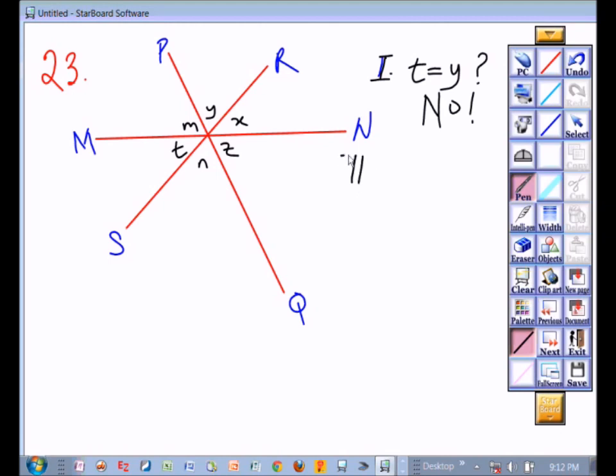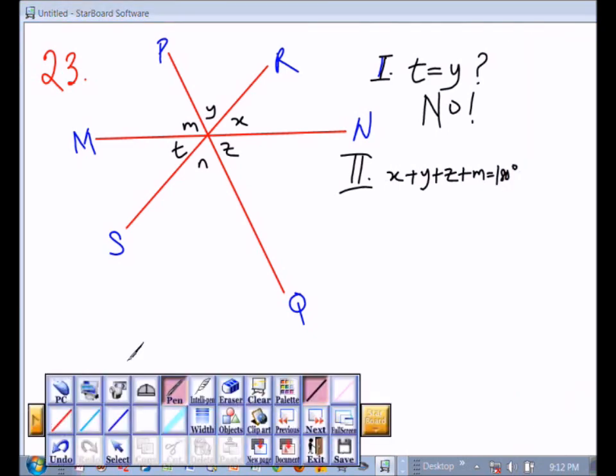Number 2 is suggesting that the sum of x, y, z and m is 180 degrees. If we check this diagram, we see that the sum of y, x and z will give us 180 degrees because they are angles on a straight line, not the sum with m as well. So the inclusion of m is what makes this statement not true.